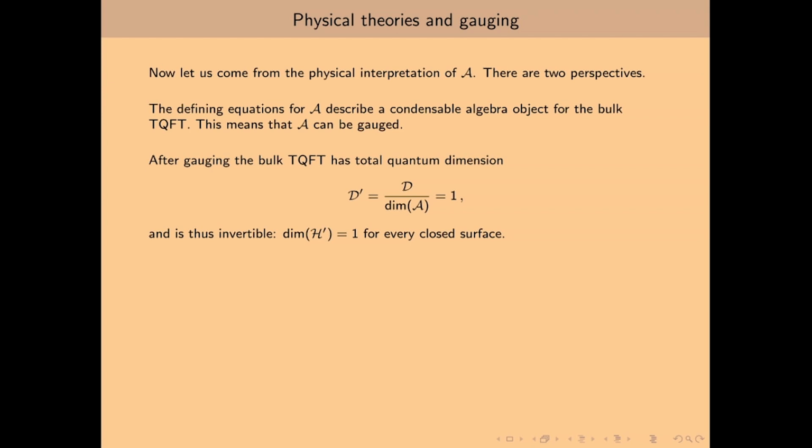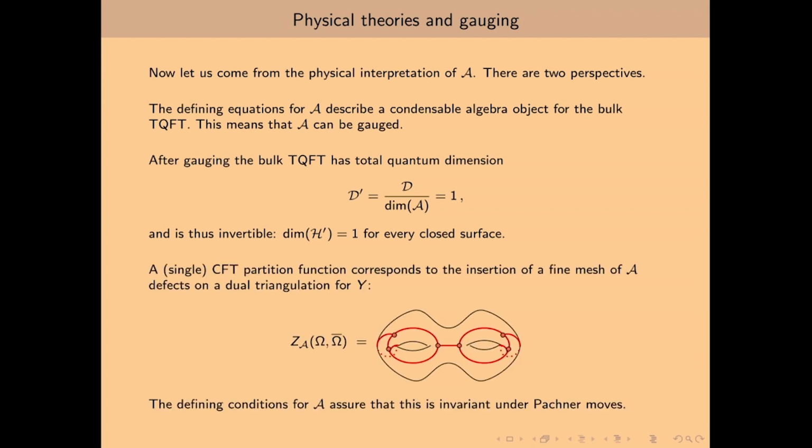And what you get after gauging is a TQFT whose total dimension is this, and if you use the condition of the Lagrangian algebra, is 1. So the bulk is trivial, there is only one state in the Hilbert space, and this state describes the physical CFT.